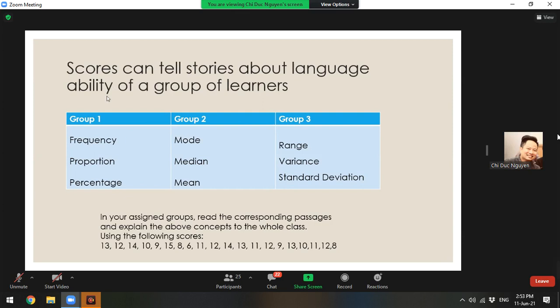And the frequency is going to be the one that you often see in the final chart, when you try to report the score to the student and to the head of school, for example.